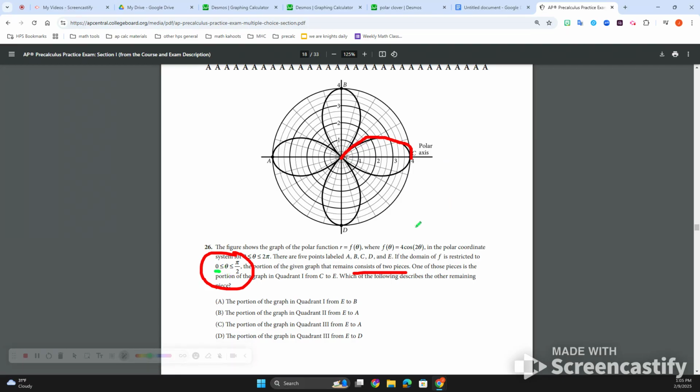I'm going to plug pi over 2 into this equation, because that's the latter half. So 4 cosine of 2 times pi over 2. Those cross out. I'm looking at 4 cosine of pi.